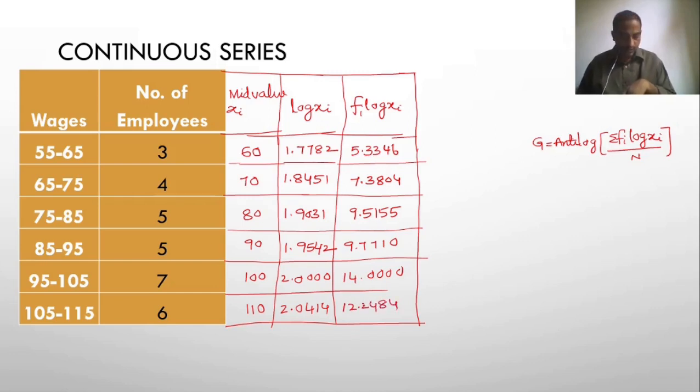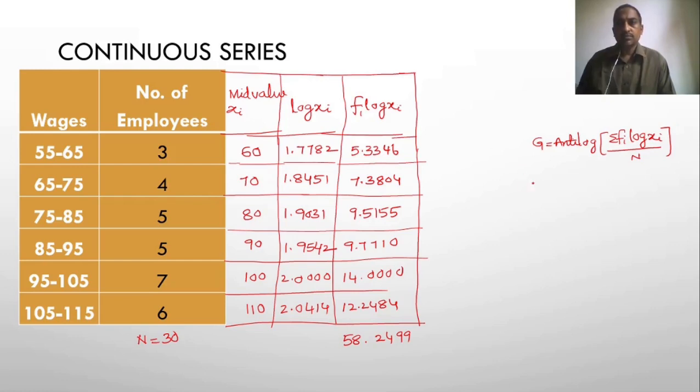This total you are getting is 58.2499. The total frequency n equals 30: 6 plus this is 13, 28, 23, 24, 26 plus 4 is 30, right?